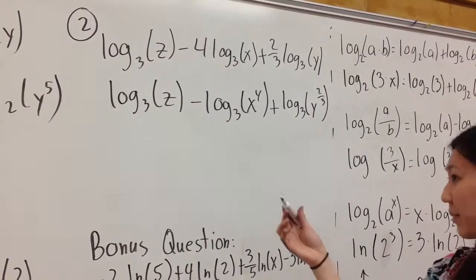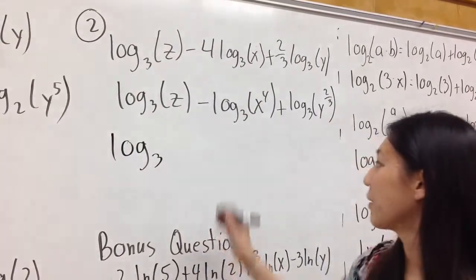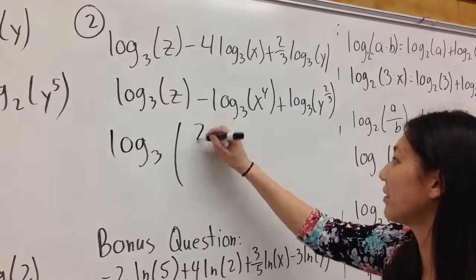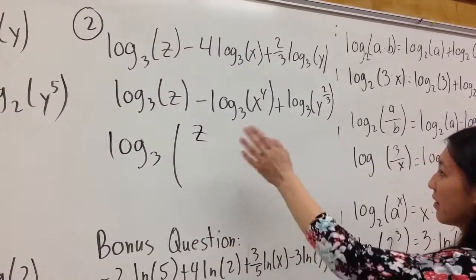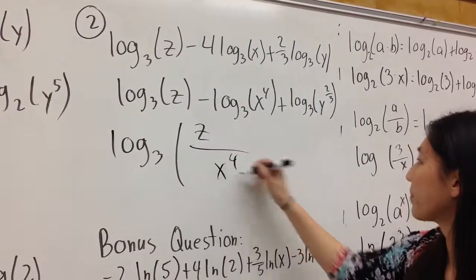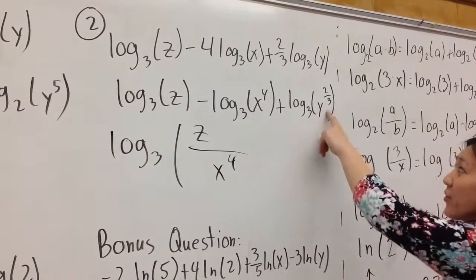So here's my next step. So we look like this. Log base 3 of, on the top, I have z because that's positive. This is going to go on the bottom because it's negative. And this part's going to go on the top because it's positive. Now we have this 2/3 exponent.